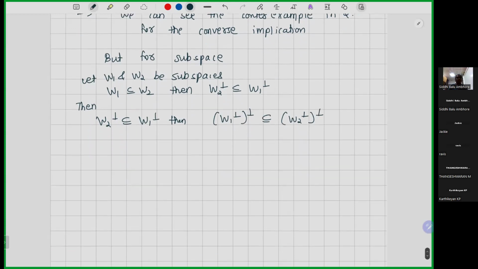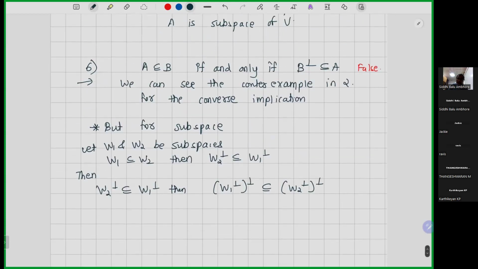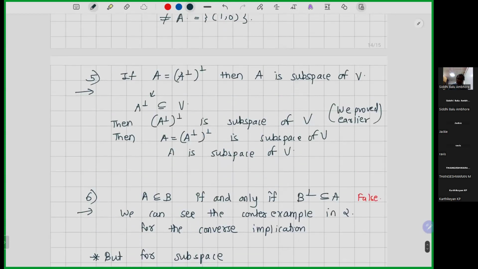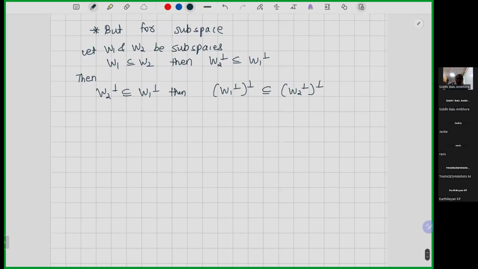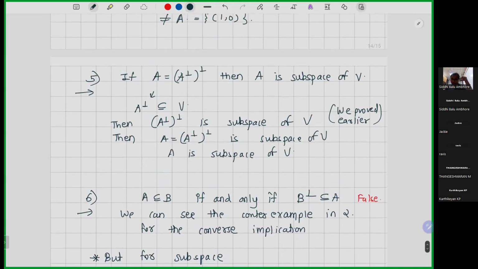But since W1 and W2 are subspaces, using this, that A is equal to A perp perp, then we get W1 and W2 here. I hope I'm making sense.